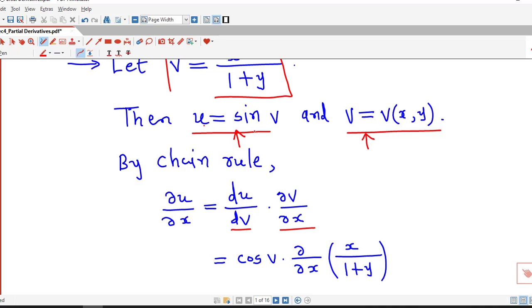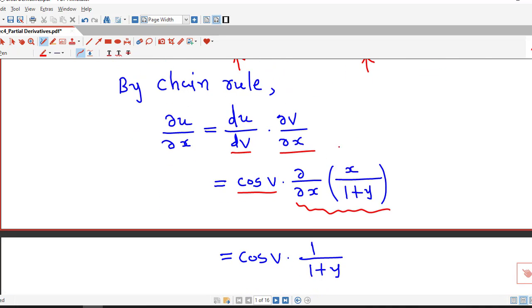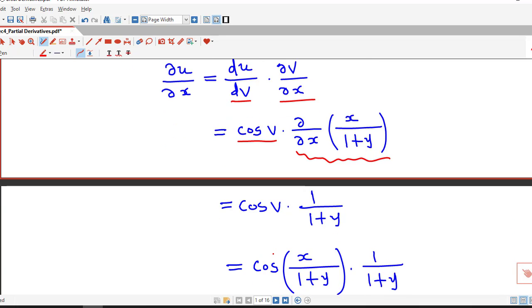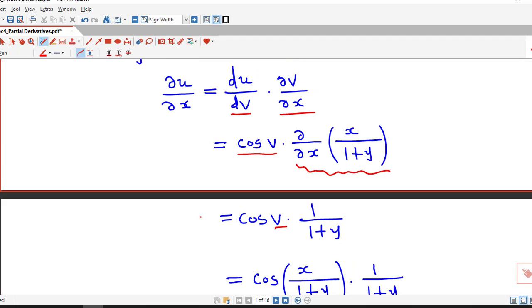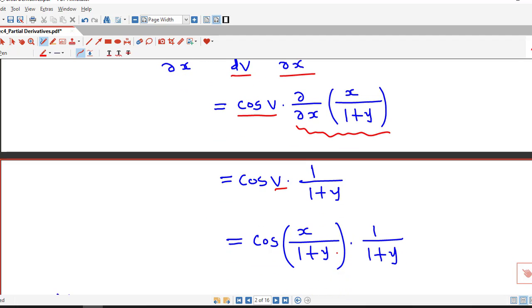Now u is sin v, so du by dv is cos v, and del v by del x, where v is x upon 1 plus y, the partial derivative is with respect to x, so we consider y as constant, that is 1 upon 1 plus y is constant, and the derivative of x is 1. So we have cos v into 1 upon 1 plus y, and we put the value of v here. So we obtain del u by del x equal to cosine of x upon 1 plus y into 1 upon 1 plus y.